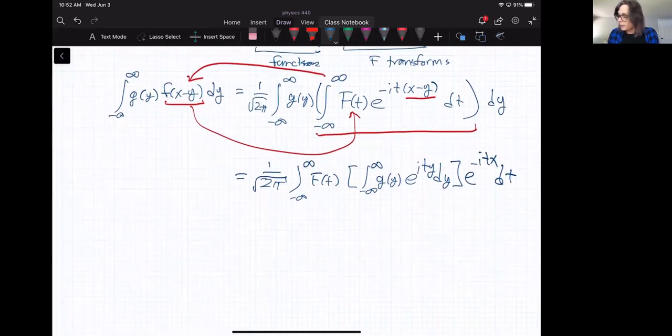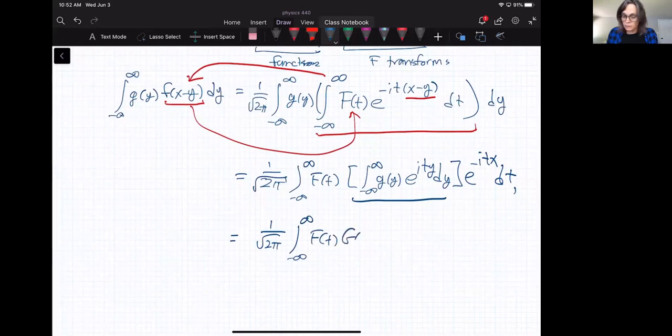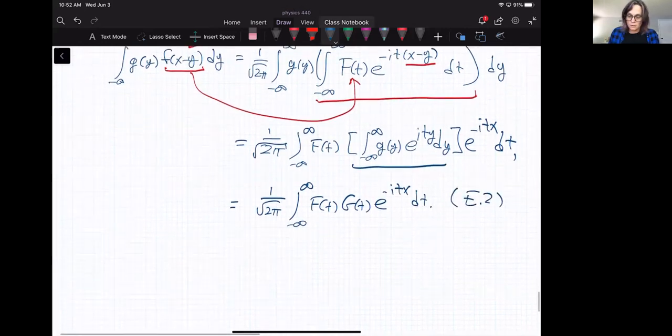But that's just the Fourier transform of g. So now we have 1 over root 2 pi times the integral from minus infinity to infinity of F of t, G of t, times e to the minus i t x dt.